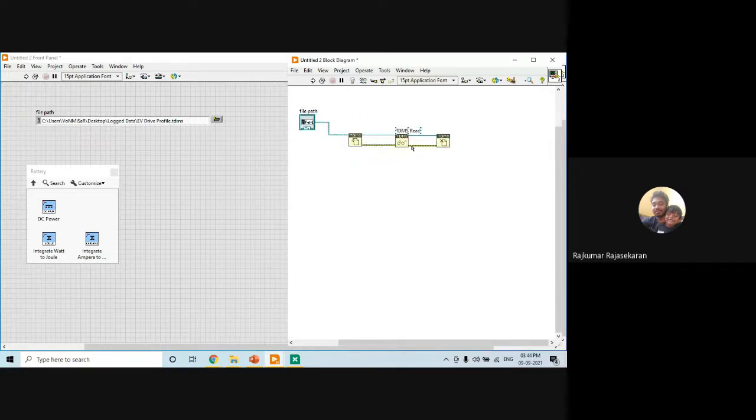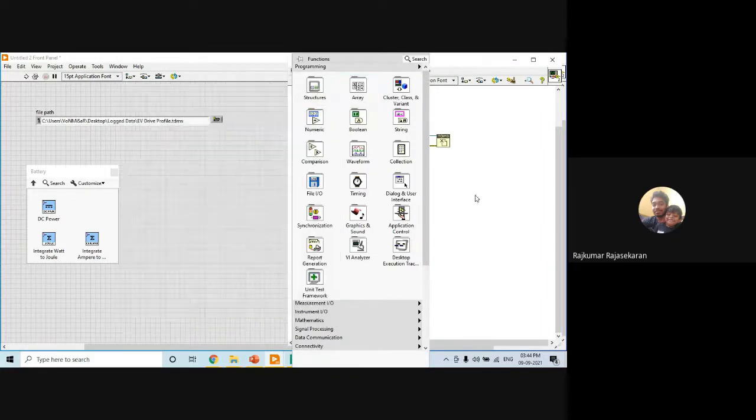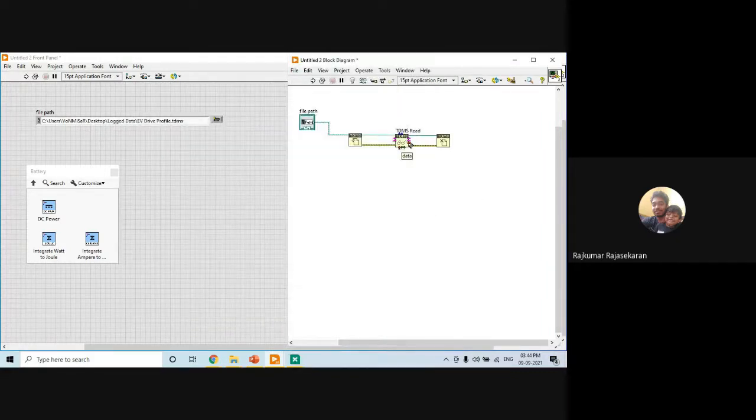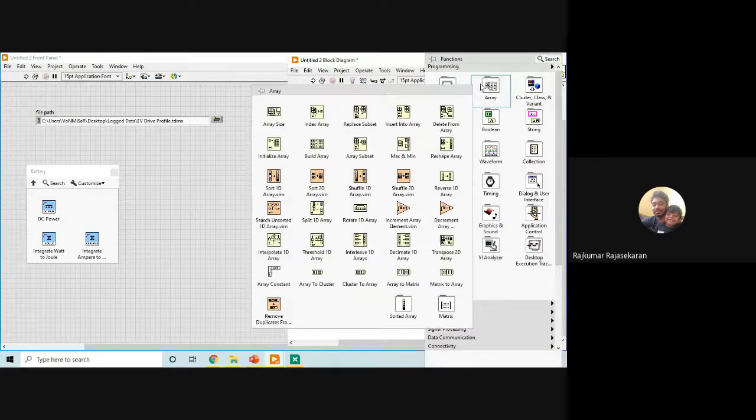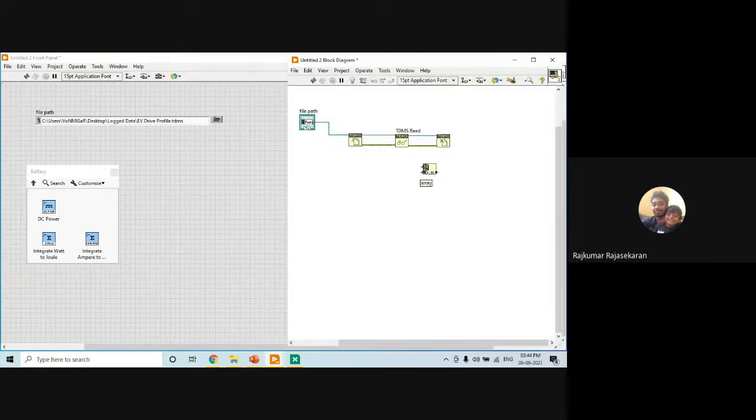So basically, I have both voltage and current data. This is basically an array of waveform information. I need voltage and current separately, so I'll use an indexing function to separate voltage and current. This will be voltage and this will be current.